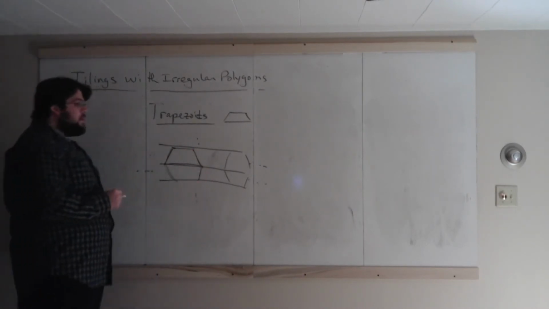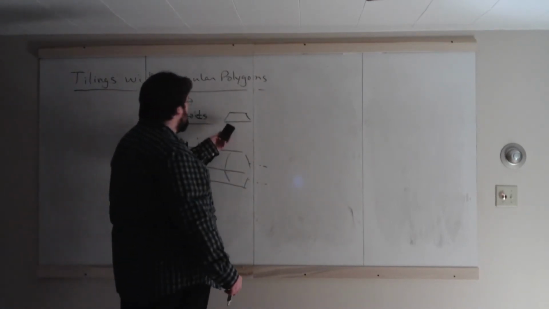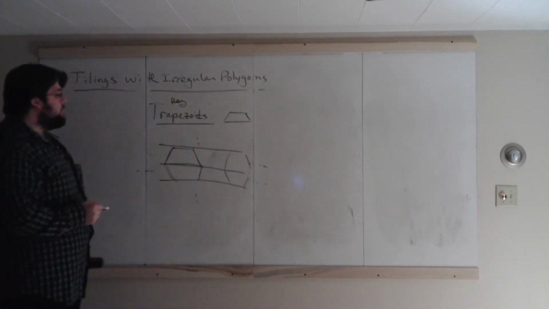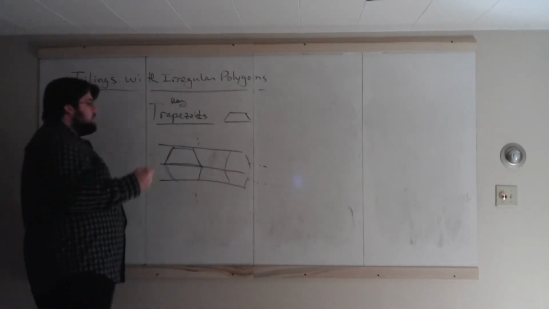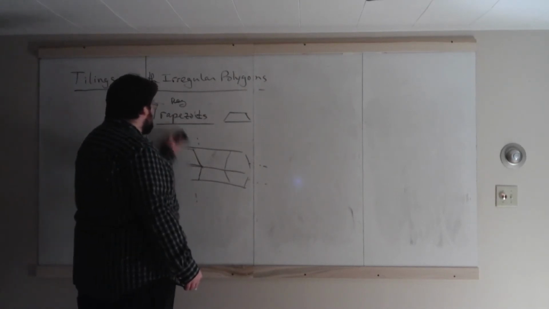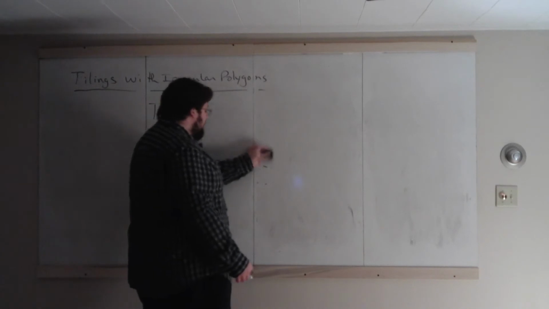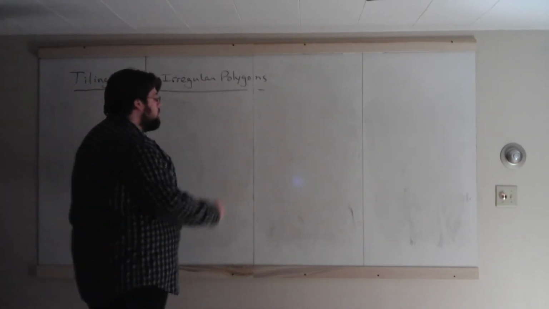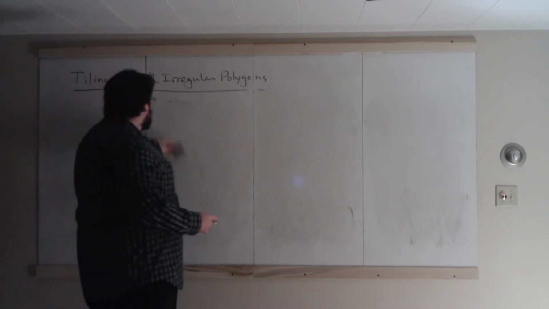So you could do it by filling it in with strips, or by creating a hexagon and then filling it with hexagons. General trapezoids, you won't be able to form regular hexagons. With general trapezoids, you'd have to fill it in with strips, because trapezoids have one pair of parallel lines.